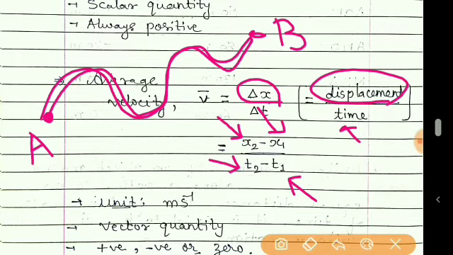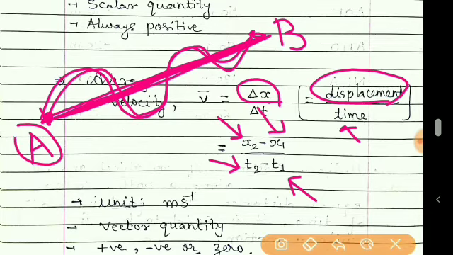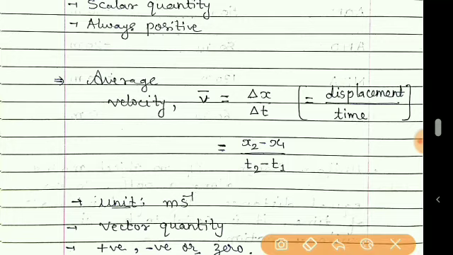But for average velocity we simply consider the straight line between the points A and B, and this distance is to be considered. So displacement is the distance between A and B, and also the direction with it. And so velocity is displacement upon time.